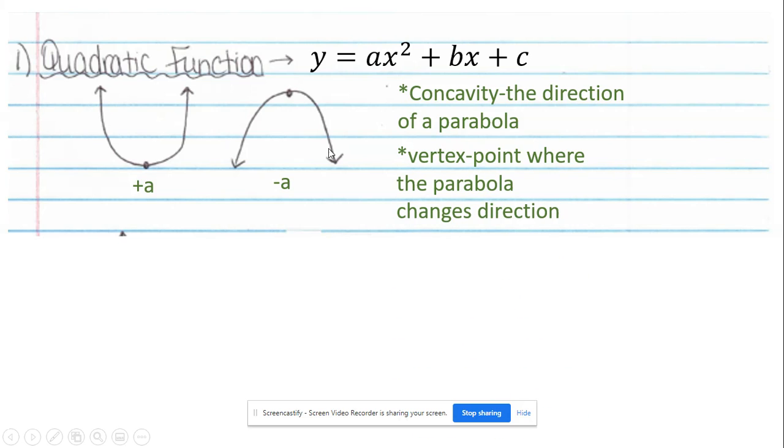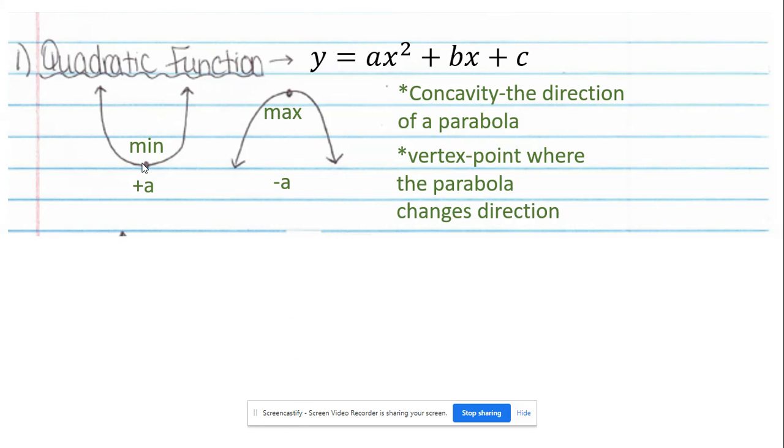Going off of that, you should know about a vertex, and I have those marked here. The vertex is where the parabola changes direction. We have referred to it as a turning point in the previous set of notes. If the parabola is shaped up like a cup, then that vertex value is a minimum.